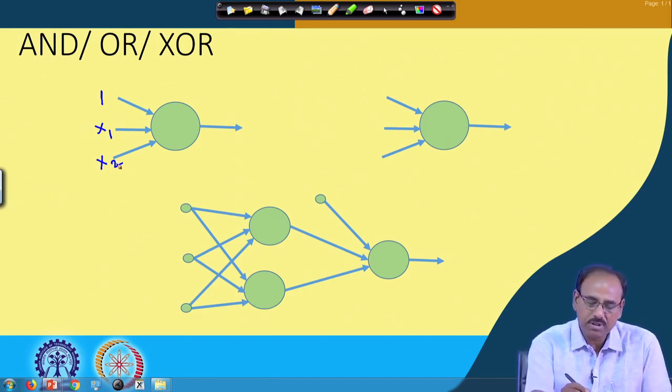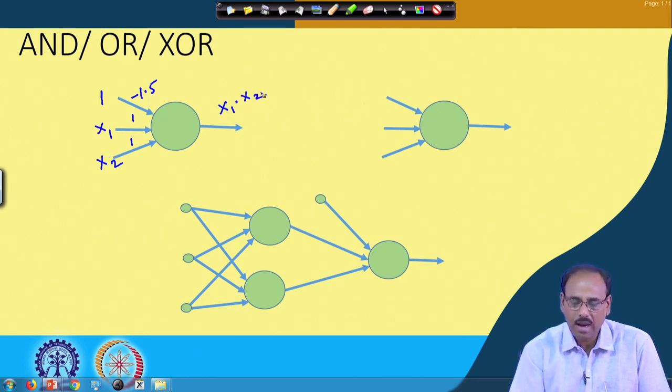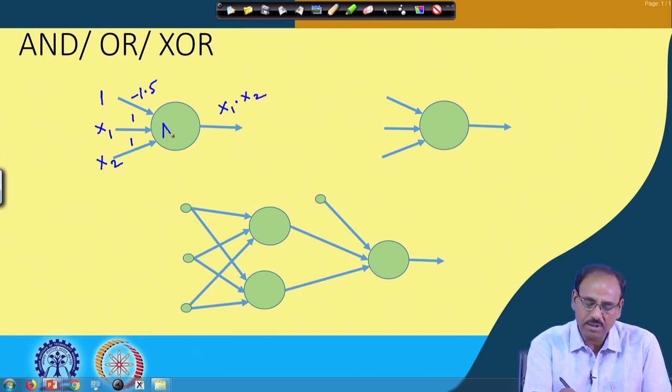The weights that we considered were minus 1.5, 1 and 1, and with this we have seen in the previous class that the output becomes x1 AND x2, and that is our AND function.